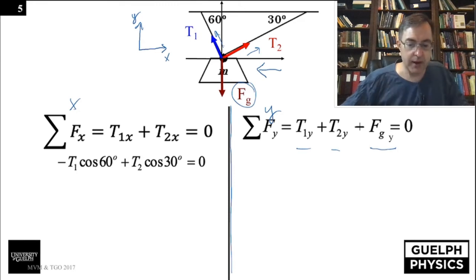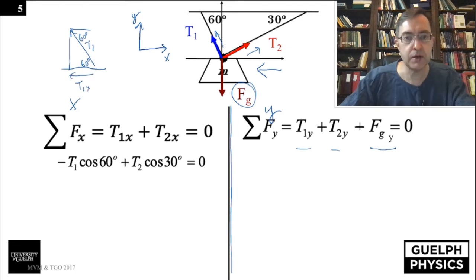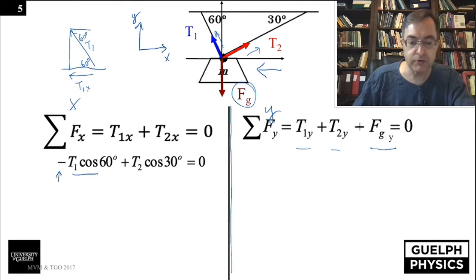So T1x, well, if I look at T1, it looks like this, okay? And this angle here is 60 degrees, so therefore this angle down here is also 60 degrees. And T1x is this. And so T1x is just T1 times the cosine of 60 degrees with a minus sign because it points to the left.